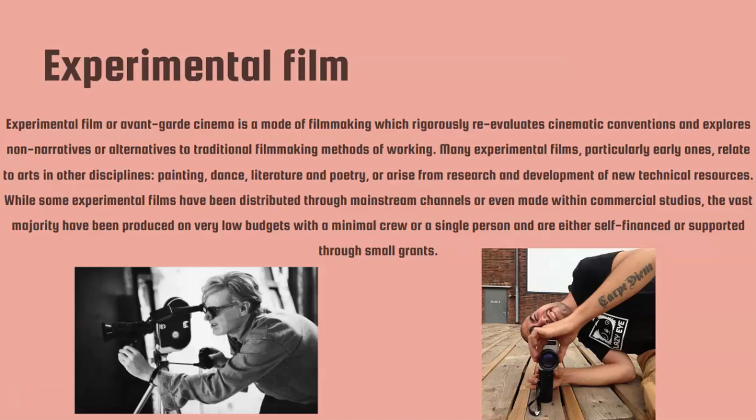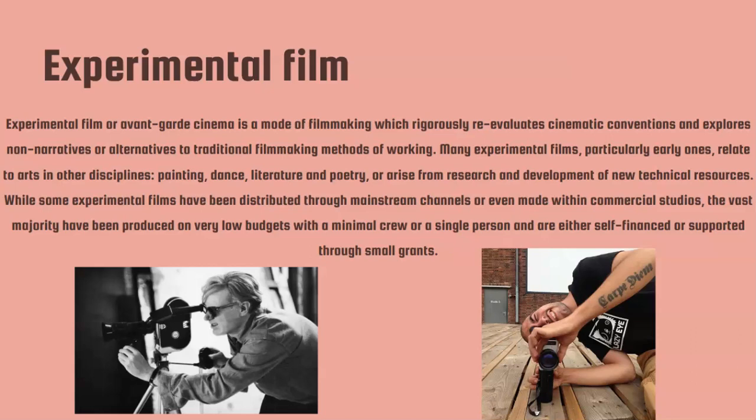Many of the early experimental films related back to the arts of other disciplines like painting, dancing, literature, or poetry, and they come from research and development of new technical resources.